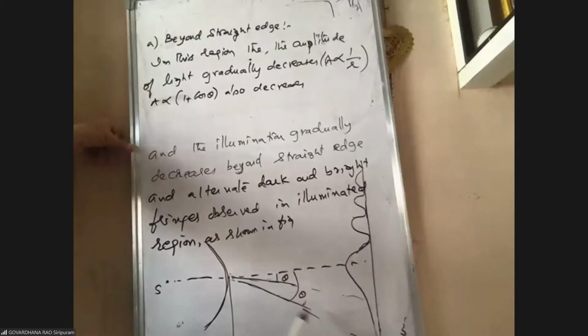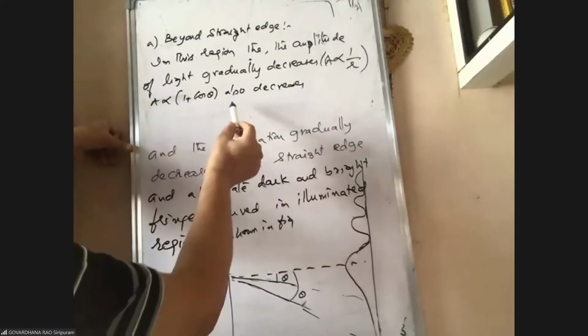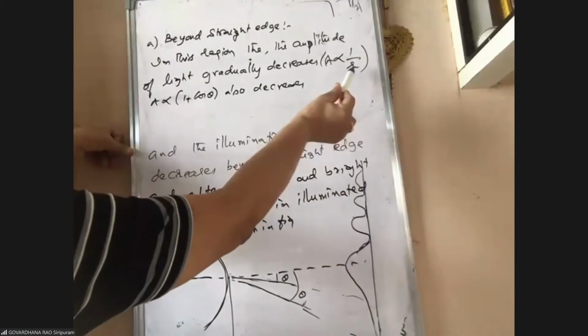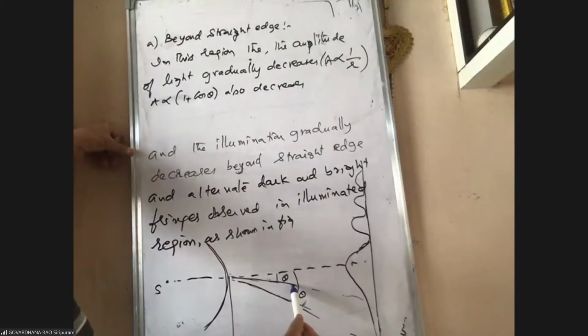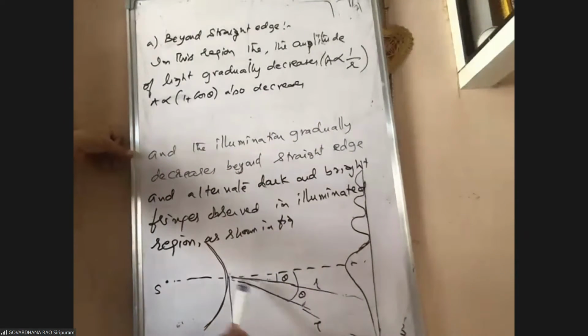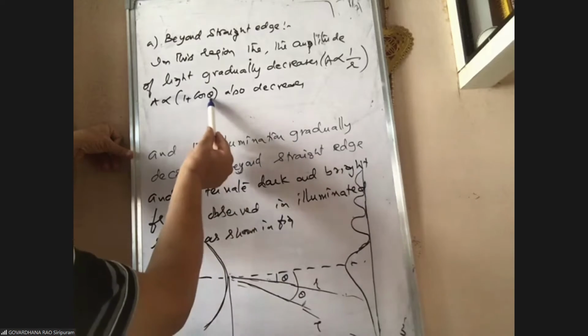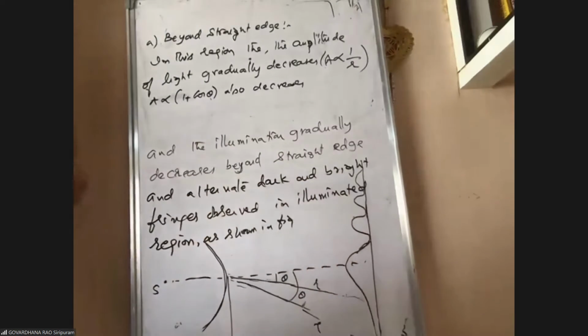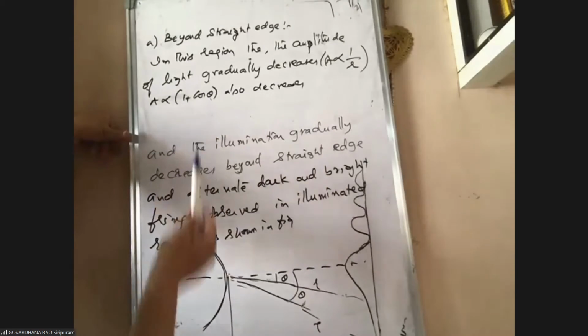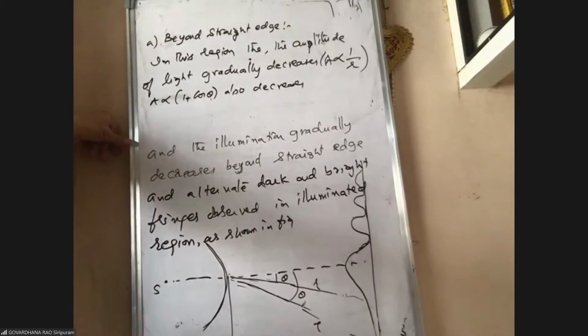Amplitude is proportional to 1 plus cos theta as well as 1/R. R increases, so amplitude will decrease. And as you go down, theta also increases. When theta increases, for higher values, cos value decreases. Cos 60 is less compared to cos 30.